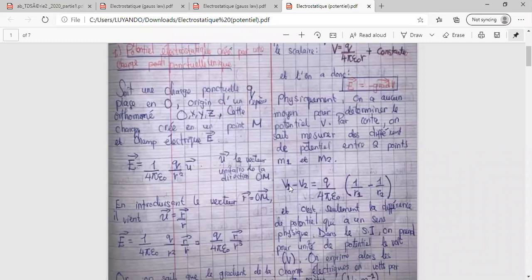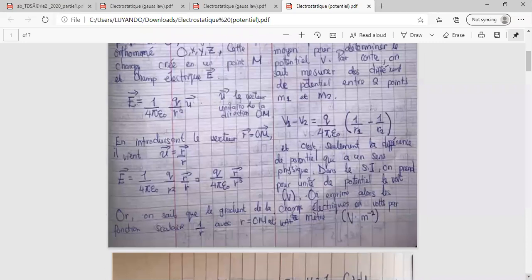So we're going to have V1 minus V2 at M1 and M2 respectively. So we're going to have Q, we're just going to consider the difference in the length, R1 and R2, because R is usually the distance from one point charge to the other point charge. So here we have 1 over R1 minus 1 over R2 respectively, because this is V1 minus V2. Which is what I was saying.